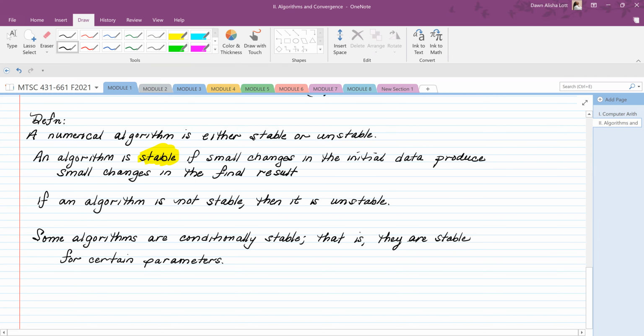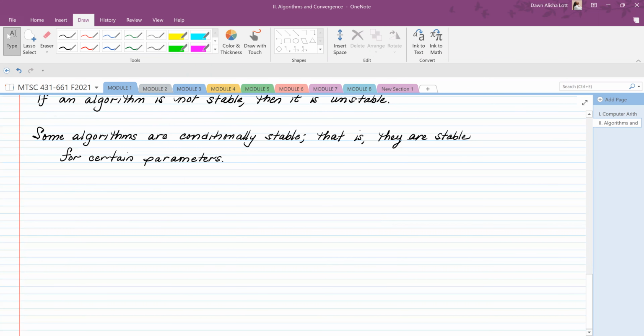And so this one says, here's our definition of linear and exponential growth. Okay, so suppose that E naught is the error introduced at some stage of the calculation.